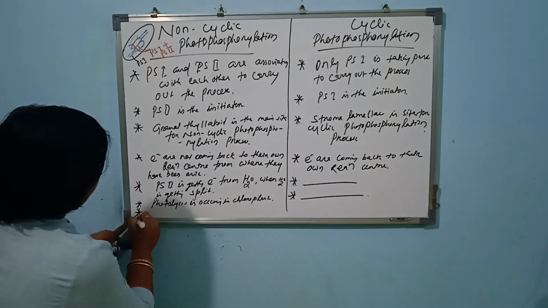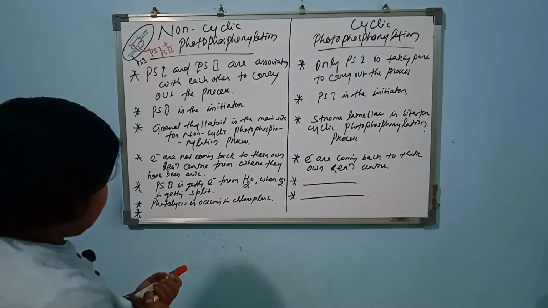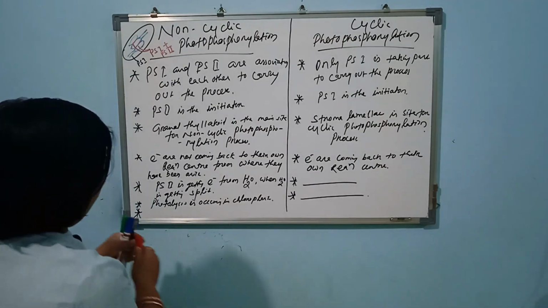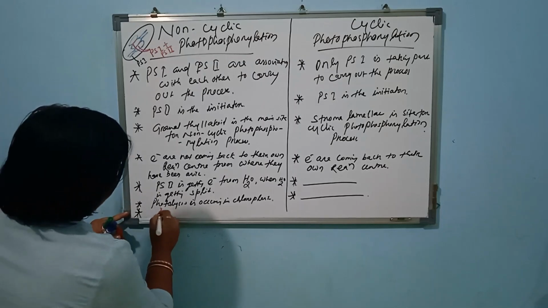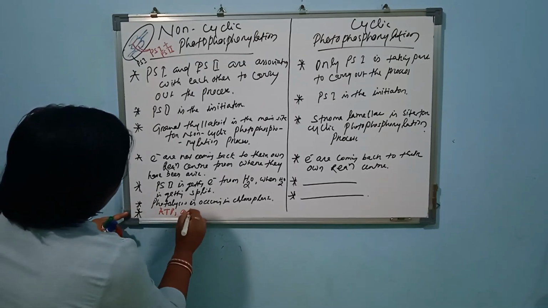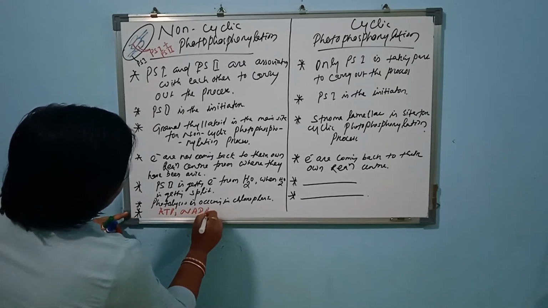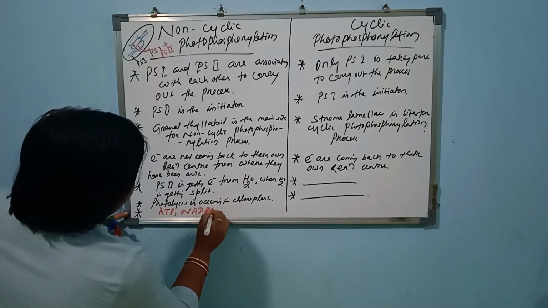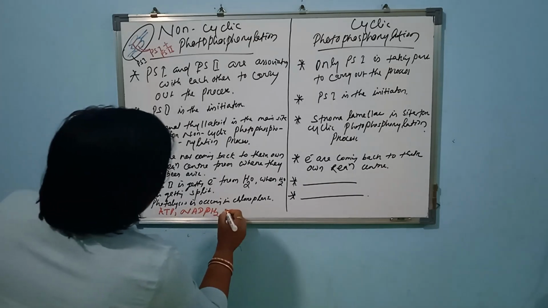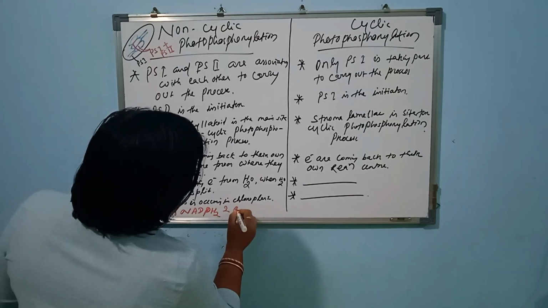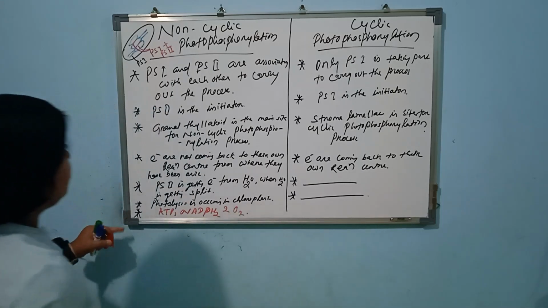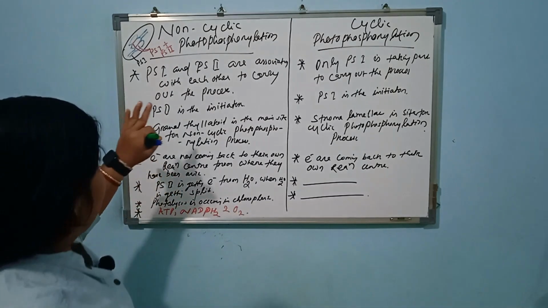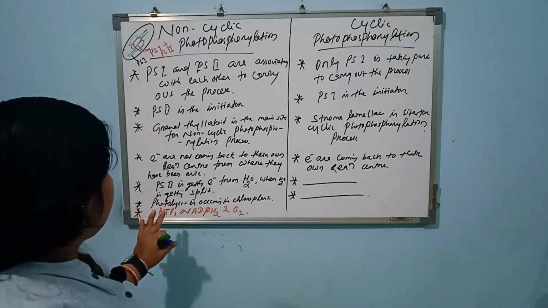In the non-cyclic photophosphorylation process, ATP, NADPH2 and oxygen are the products.